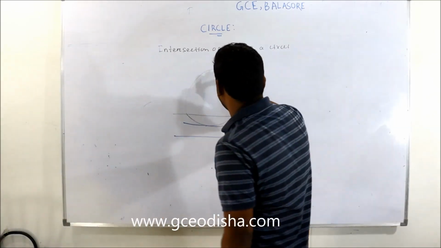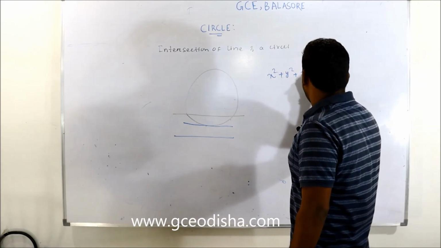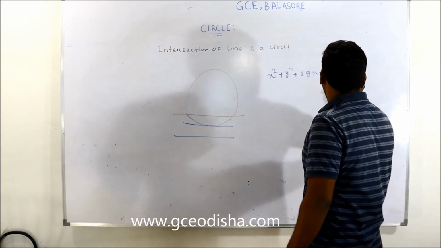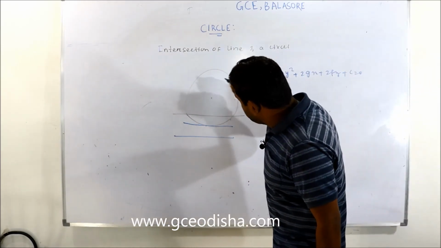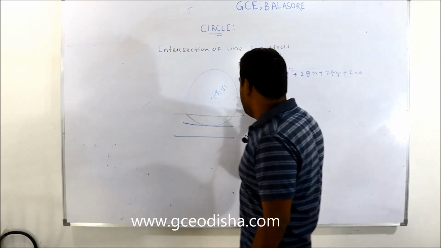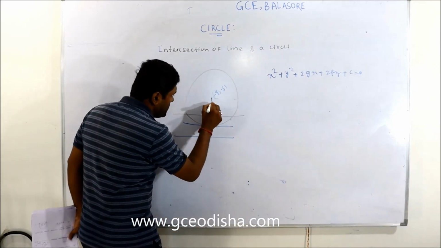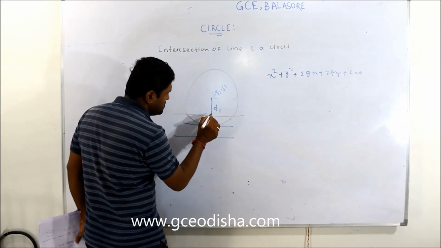This is the circle, and the equation of the circle is x square plus y square plus 2gx plus 2fy plus c is equal to 0, with the center at (minus g, minus f). This is the perpendicular distance d1 from the center to this line.